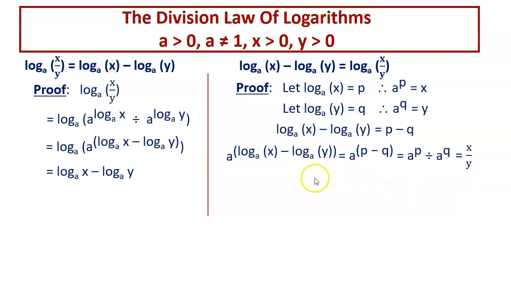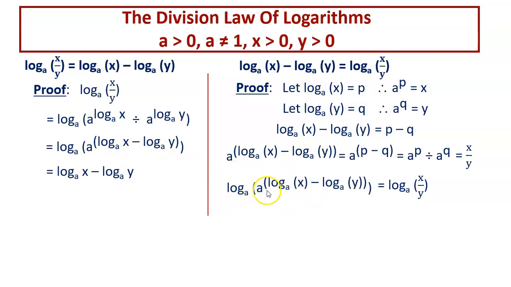Okay. So a to the power of log of x to the base a minus log of y to the base a equal to x over y. Next we take the log to the base a of both the sides. We have log to the base a, and the argument of the left hand side is a to the power of log of x to the base a minus log of y to the base a, and the argument is x over y for the right hand side. And again we are using this property that we have used over here, property of logarithms.